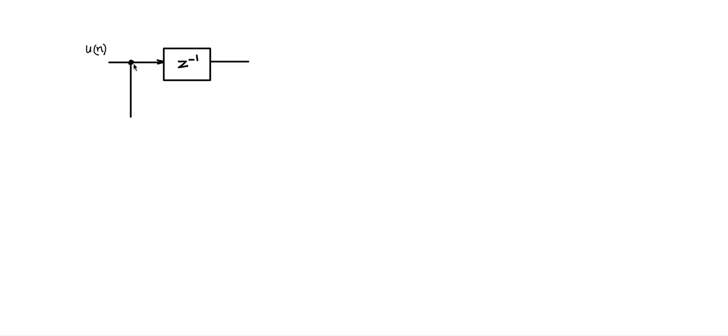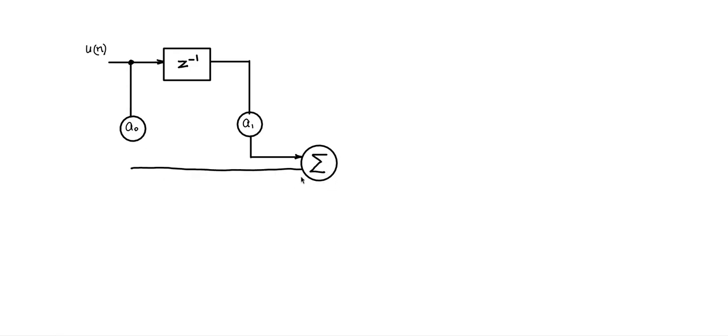I will tap off from here, pass it through a scaling factor, A0 as usual, and I'll tap off from here after the delay, pass it through a scaling factor A1 and give it to a summer. I'll give this one also to a summer, and the output is y of n. Now this is your first order FIR filter.